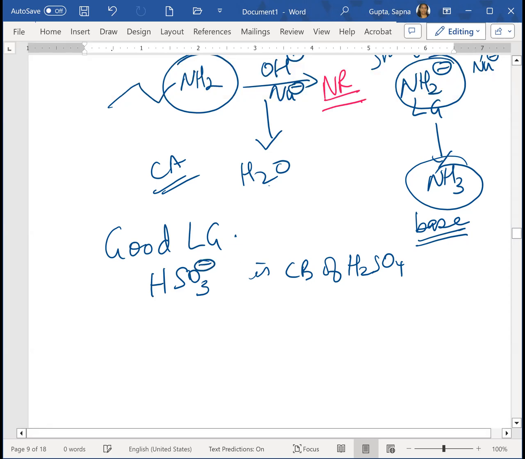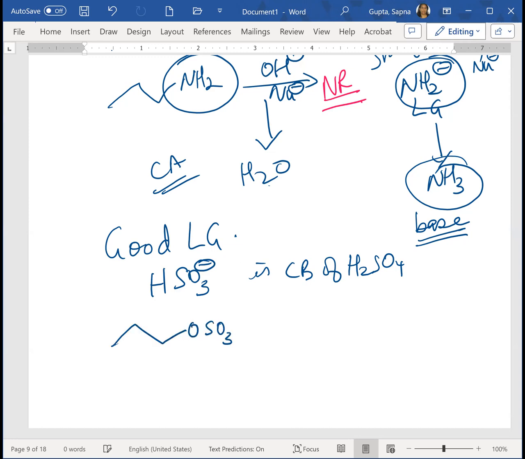It's the conjugate base of sulfuric acid. Sulfuric acid is a strong, strong acid, which means the conjugate base is going to be really, really weak. So if you had something like this, I'm so sorry, this should be 4 oxygens.